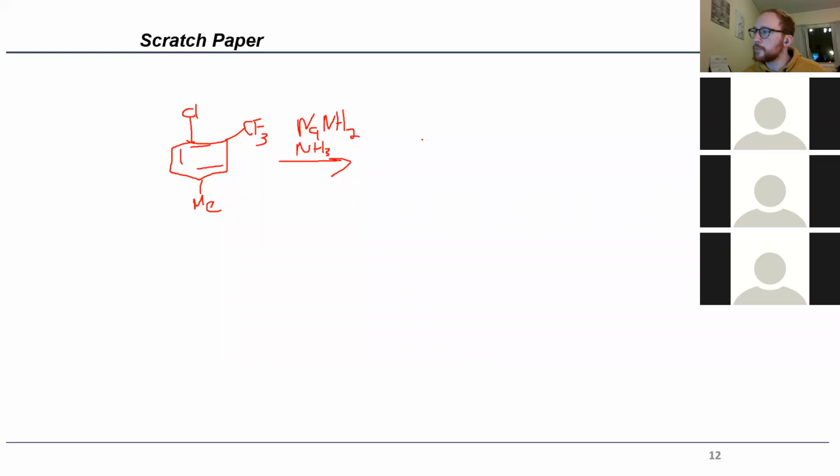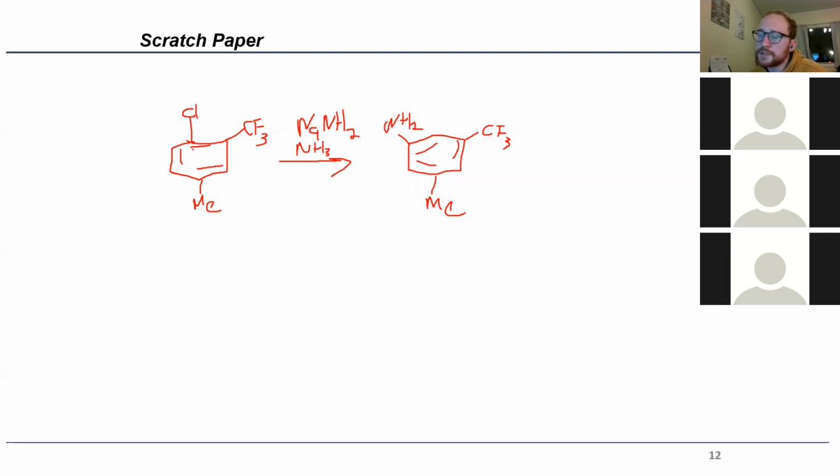So this goes through formation of benzyne and then substitution to give this product. And the question is, why is this selective for the formation of not the ipso, but the cine product? And the answer is something that we didn't talk about in class. So I would say don't worry about it.